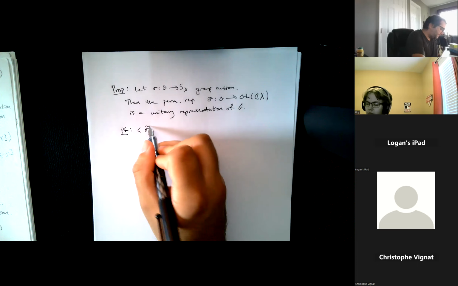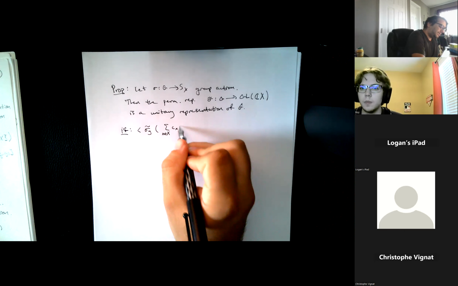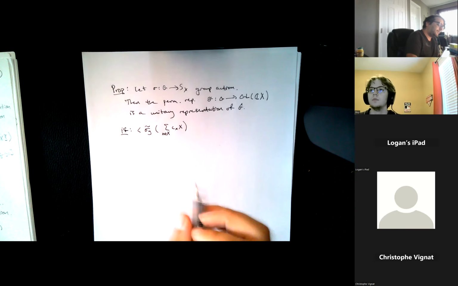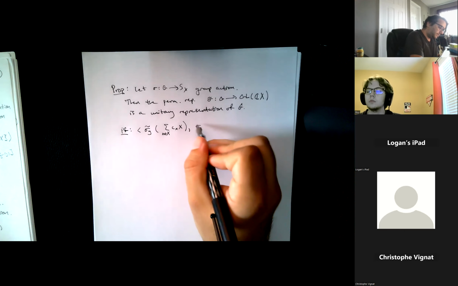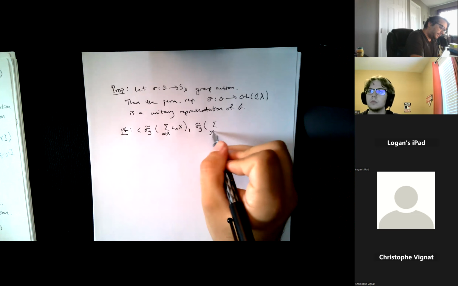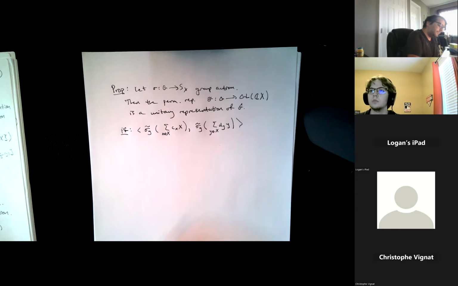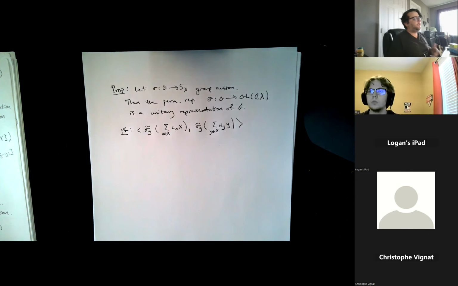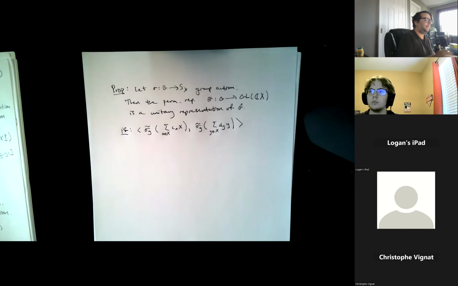Sigma G tilde acting on some element of the span of X, and another element. We take the inner product, and we want to make sure that the inner product is the same as if I had taken the inner product without applying sigma G tilde.